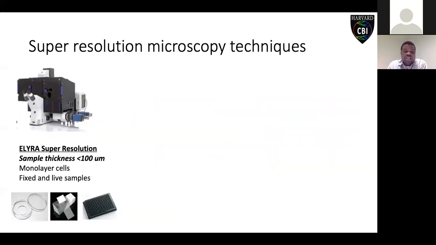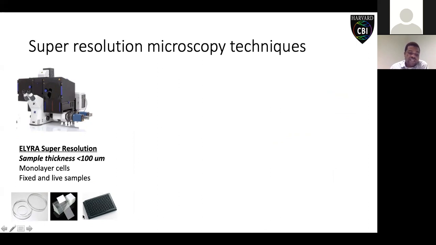Next is the ELYRA super resolution system. On the ELYRA, anything that is mostly less than 50 micron would be better. And you are looking at samples that are either a monolayer or thin samples.